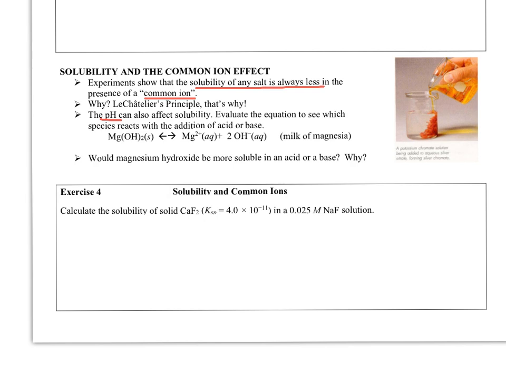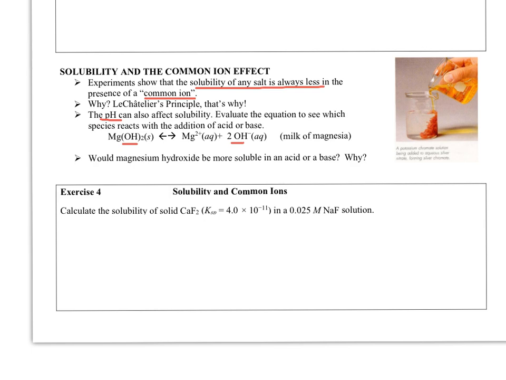If I have a solution of, for example, magnesium hydroxide, this is a basic solution because it's got the hydroxide. It's milk of magnesia, what's in Pepto-Bismol. We know it's slightly soluble, and I've got these hydroxide ions floating around. Well, when I add an acid or a base, that's going to affect my solubility a little bit as well.